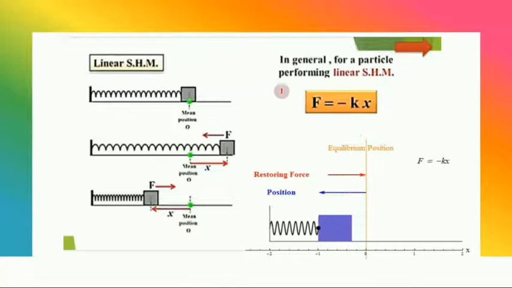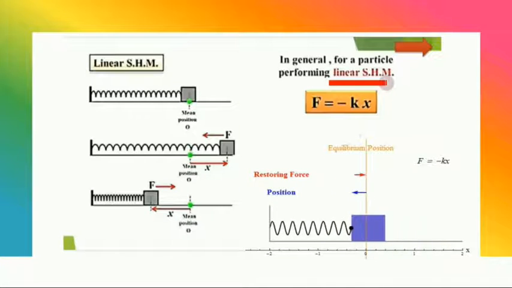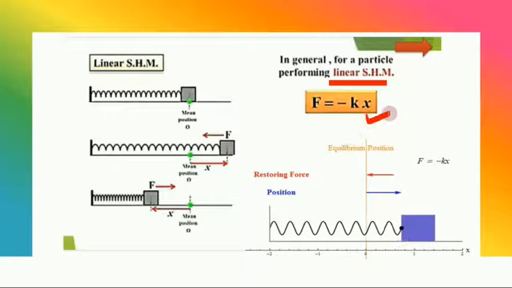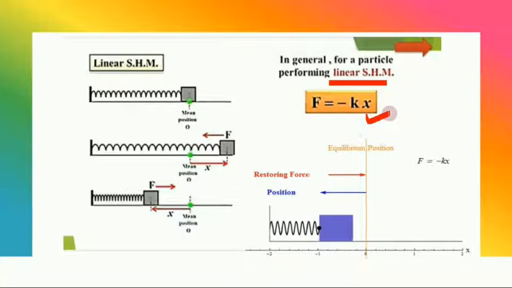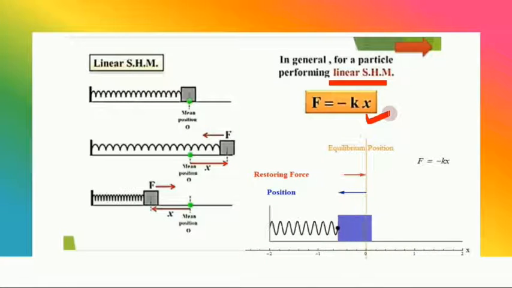So in general, for a particle performing linear simple harmonic motion, F is equal to minus kx. This is the equation for a particle which performs linear simple harmonic motion.